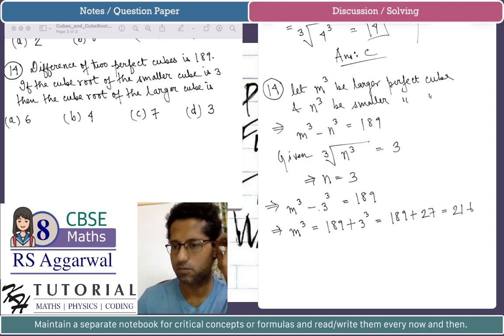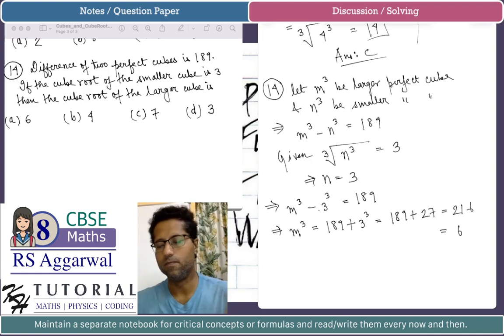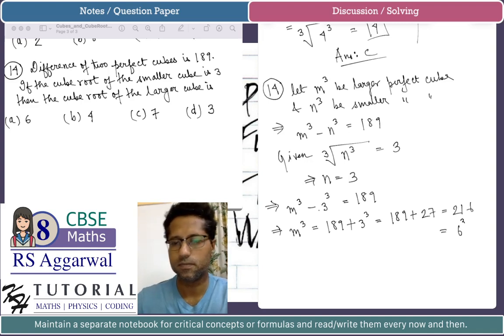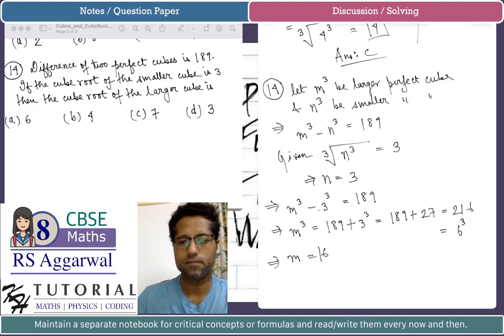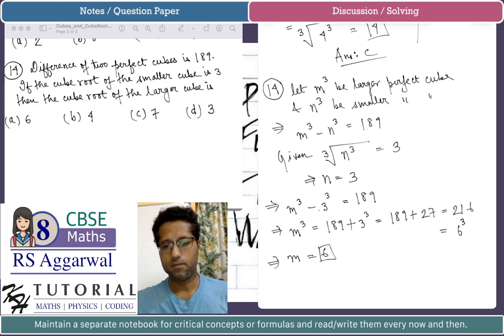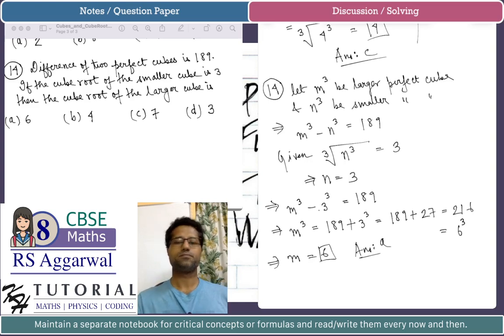So m cube is 216. 216 we know is a perfect cube, the cube of 6. So m cube is 6 cube, so definitely m equals 6. So the answer is choice A.